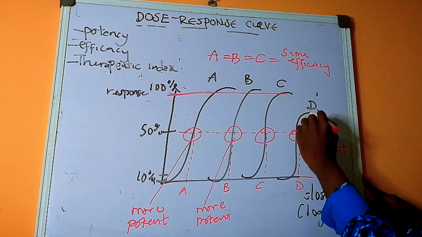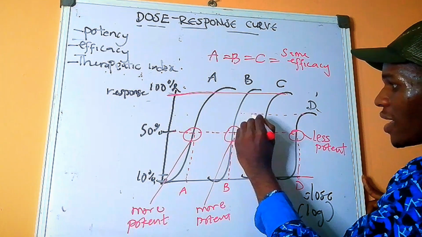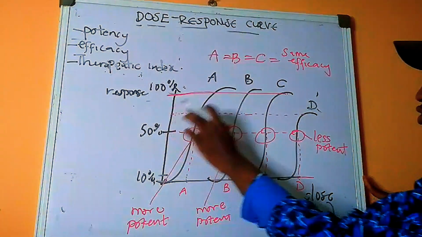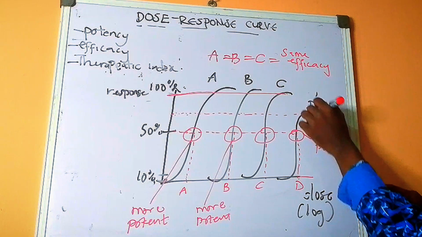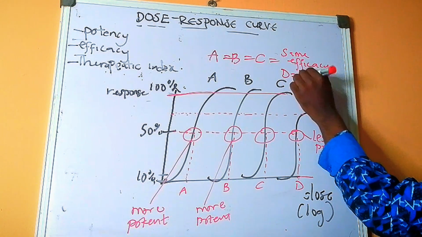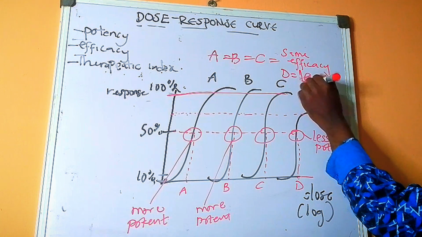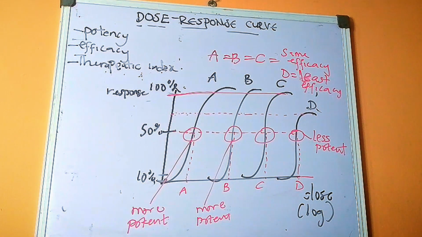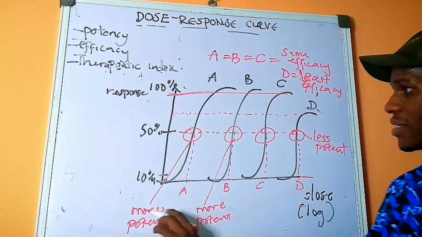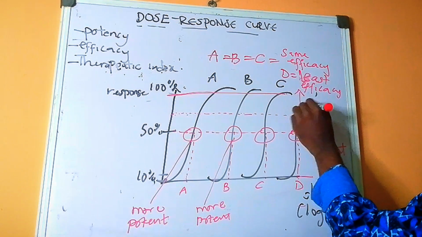Whereas for drug D, we have a lower response or a lower effect, so it's submaximal. So drug D has the least efficacy. Remember, response is sideways, efficacy is up and down.